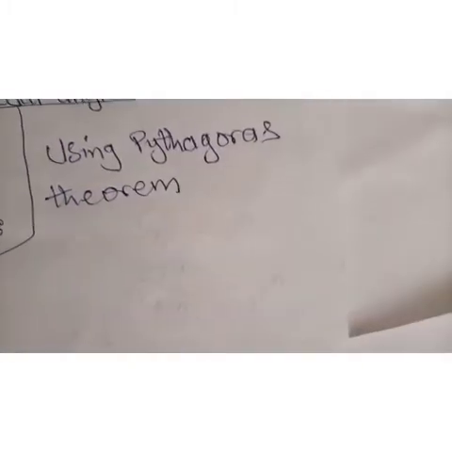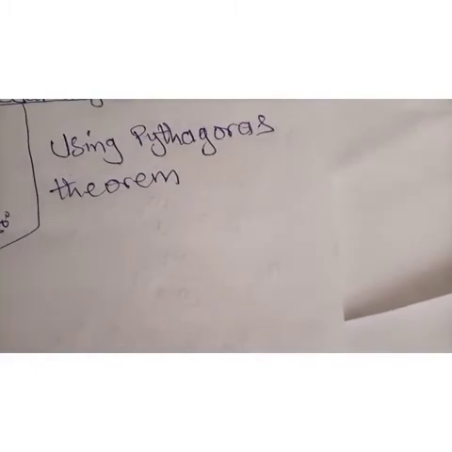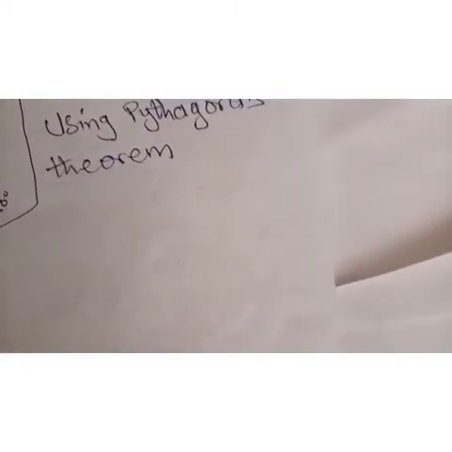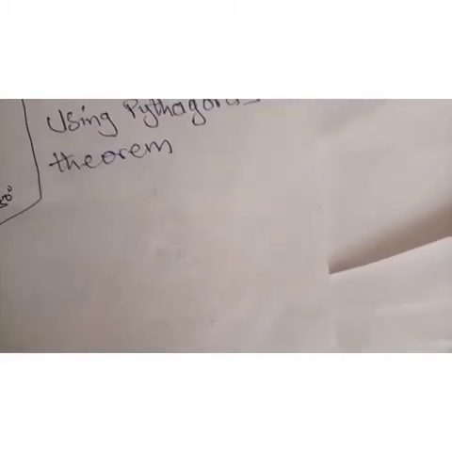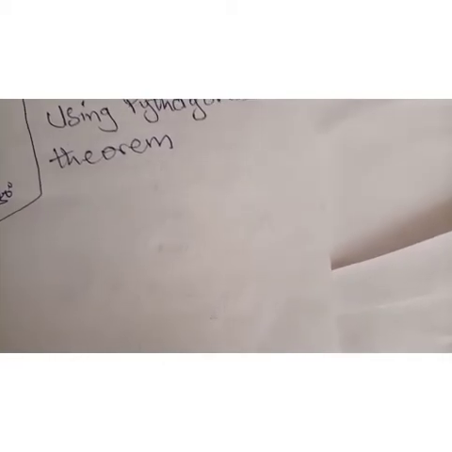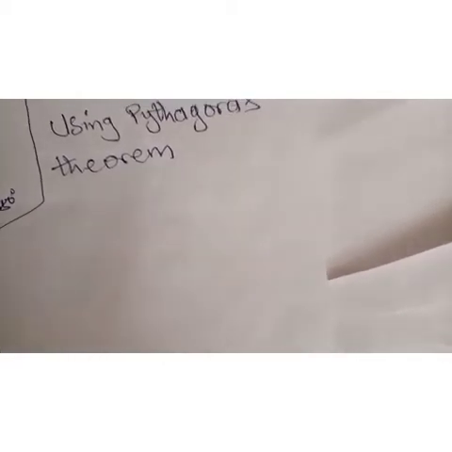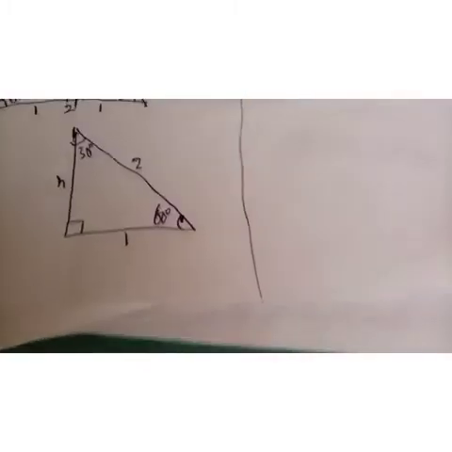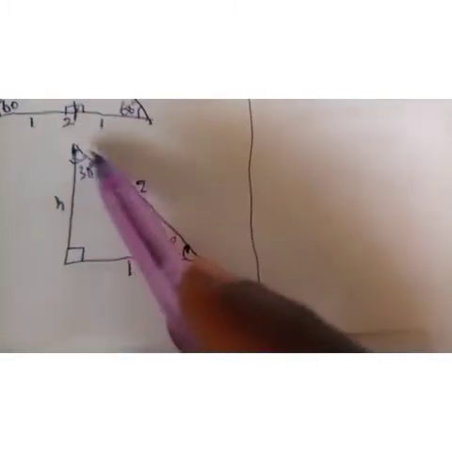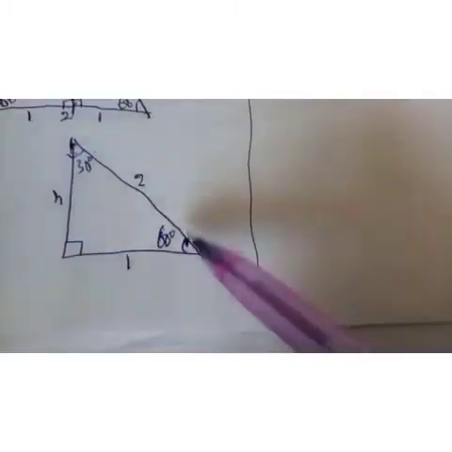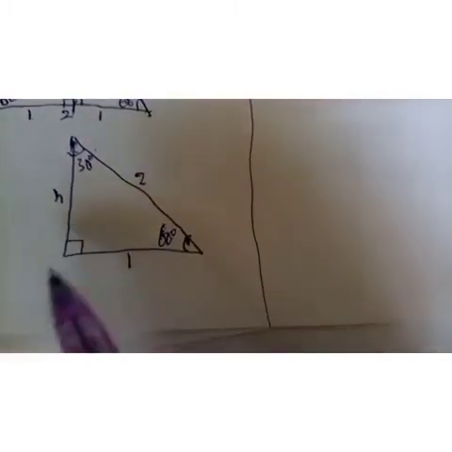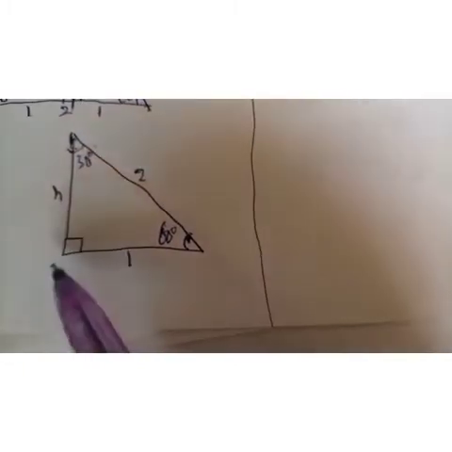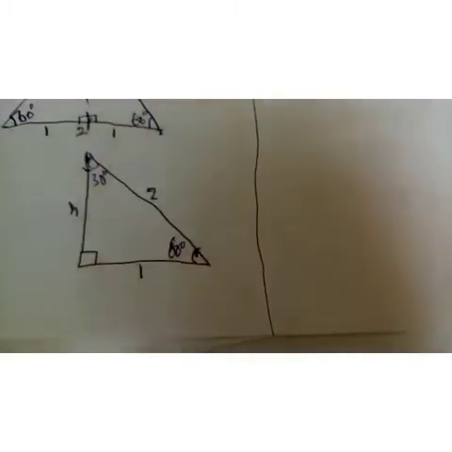The Pythagoras theorem says the hypotenuse side square is equal to the sum of the squares of the opposite and the adjacent side. The square of this length is equal to the sum of the squares of these two lengths.